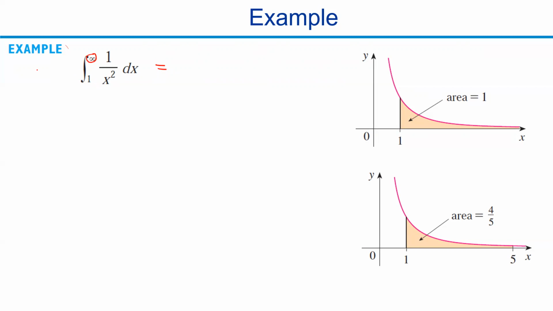Therefore, we have said that you have to apply a limit: the limit of the integral from 1 up to t, using t instead of infinity, of 1 over x squared dx, then apply the limit as t goes to infinity.